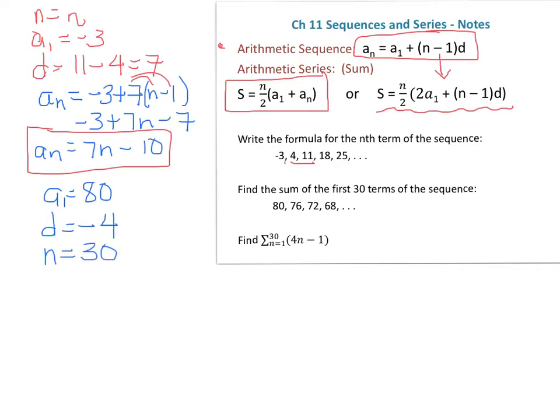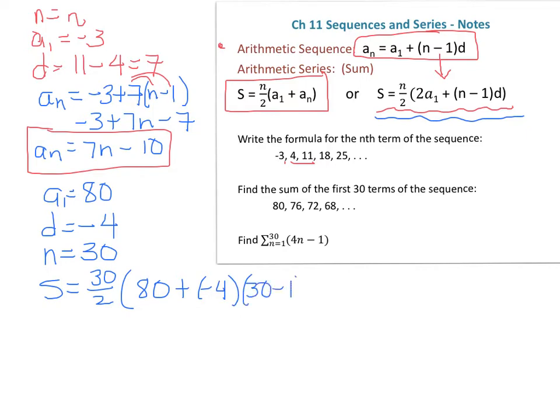So I'm going to use the second summation formula. So S equals 30 divided by 2, times (a sub 1 plus -4 times (30 minus 1)). That's plugging everything in. And so then we're going to go ahead and distribute.